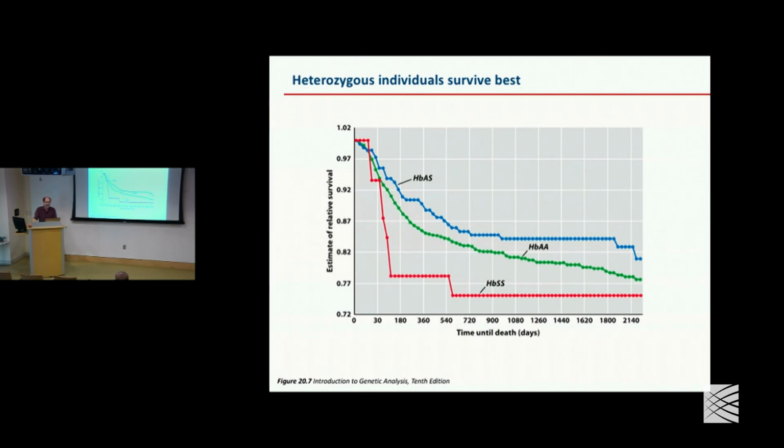Malaria is a big killer when there's not a lot of treatment going on. Second best is to have two copies of the wild type allele. You get malaria, it may kill you, but otherwise you're healthy. The worst is to have two copies of the sickle cell allele, in which case you probably have sickle cell anemia, which is a severe disease, with high mortality if it's not treated in fairly sophisticated ways.